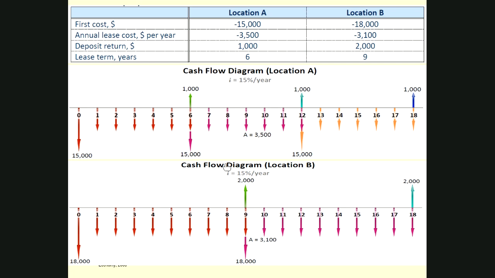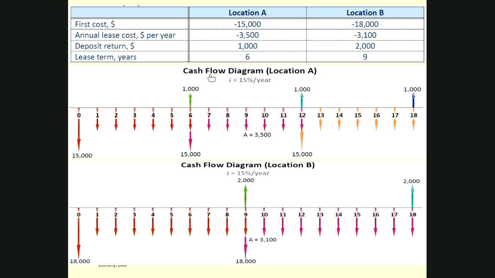So for year 6, it is going to be 15,000 P given F for 15% and 6 years, and for this one, 15,000 P given F for 15% and 12 years. This is all for the outflow, the minus values.